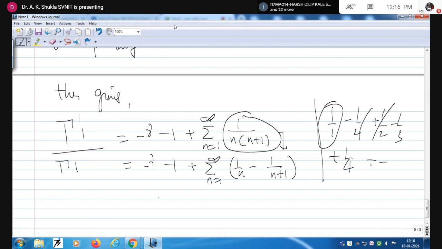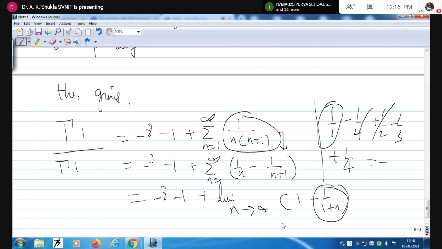So this can also be written as minus gamma minus 1 plus the limit as n tends to infinity of 1 minus 1 upon n plus 1. When we put the limit, this becomes 0.